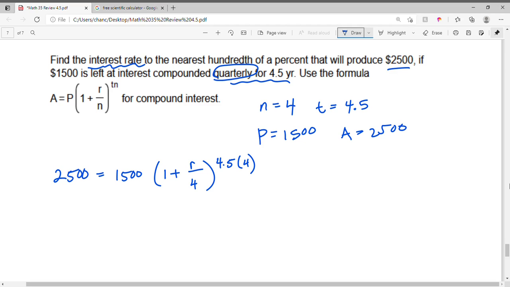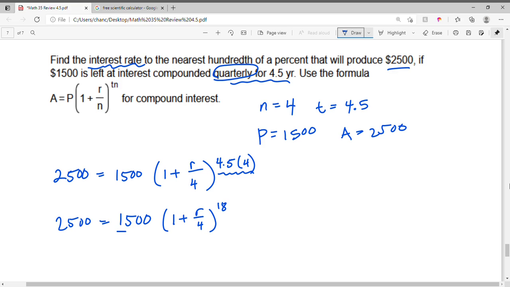I'll simplify the 4.5 times 4. So this is 2,500 equals 1,500 times 1 plus R over 4 raised to the 18. That's from multiplying 4.5 times 4.